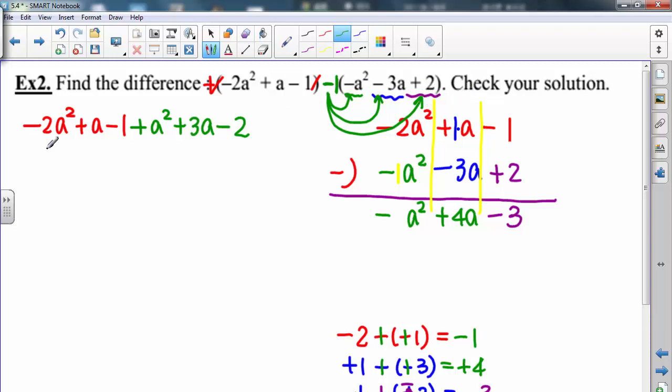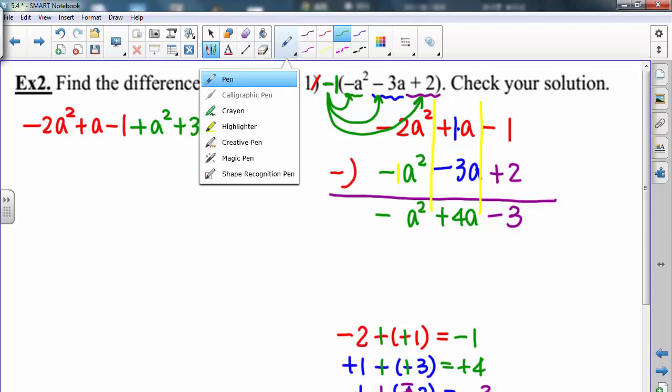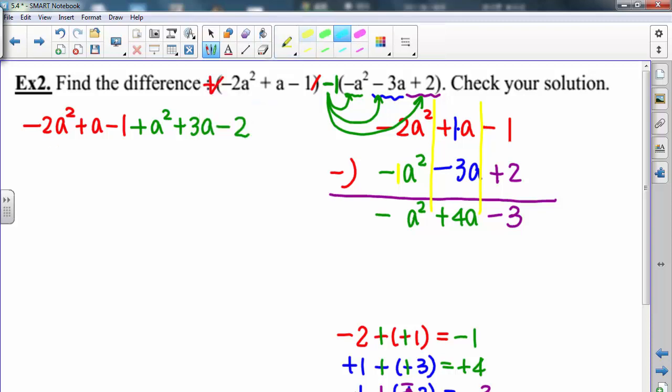Okay, so right now I group the like terms using the highlighter. -2a squared with positive a squared. Positive a with positive 3a. -1 with -2.